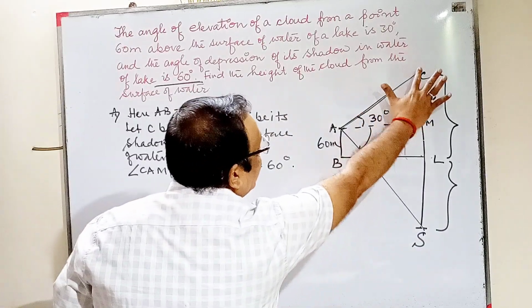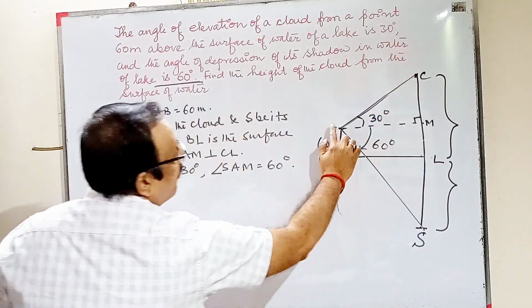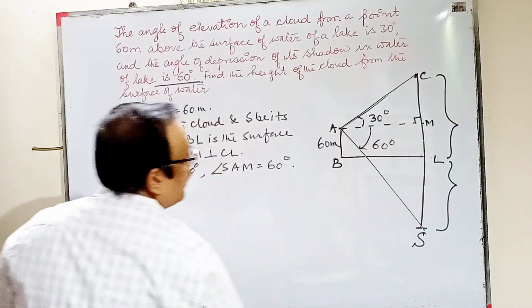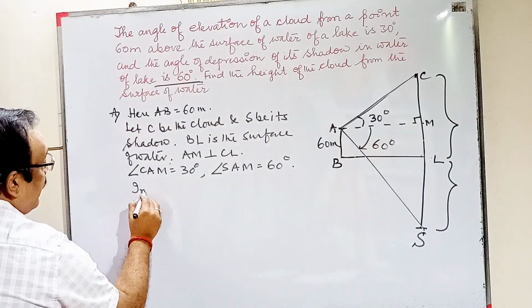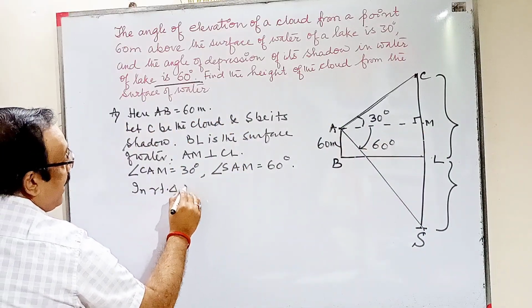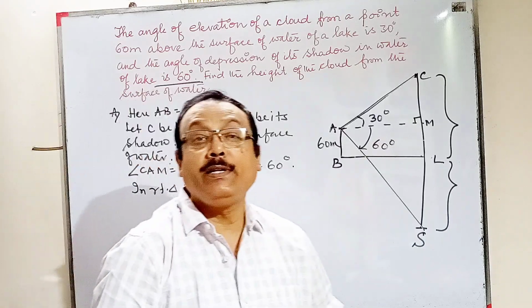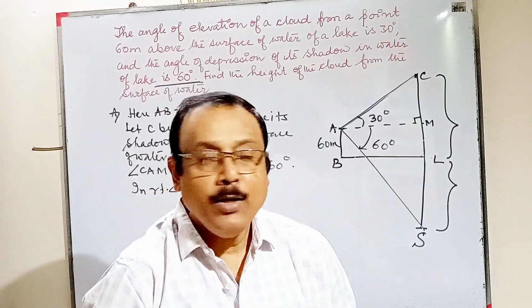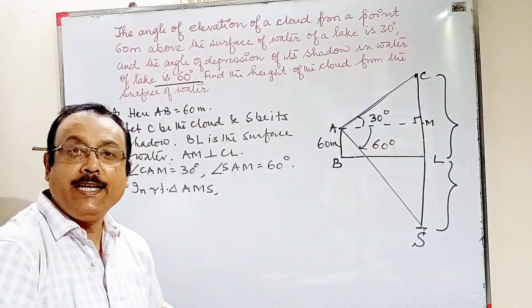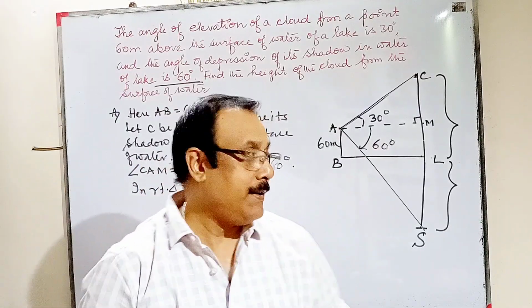Now, in order to get this height, first we are looking into this triangle, right triangle AMS. Why? Because we have to use the trigonometric ratio, and for that we need a right angle triangle.